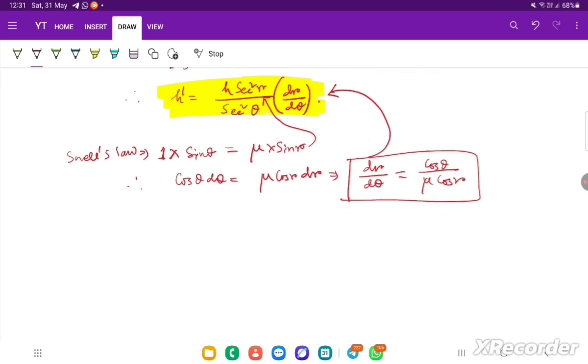So substituting these values, I'm writing h dash as h cos square theta into dr upon d theta. In place of dr upon d theta, I am writing cos theta upon mu cos r, and in the denominator it will come cos square r. So cos square r, I can write as root under 1 minus sine square r.